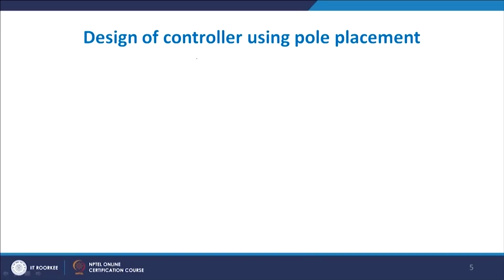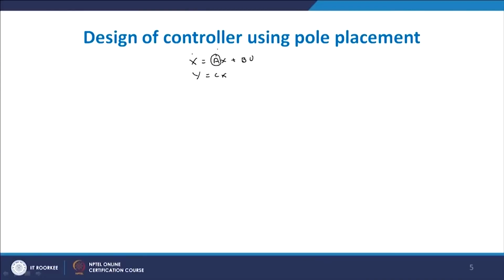Now we see how to design a controller using the pole placement technique. Our system is basically x dot equals Ax plus Bu, y equals Cx, and here we are designing a controller because A is the system matrix.